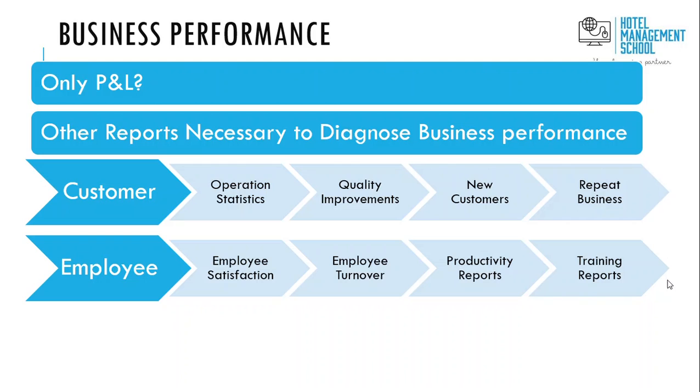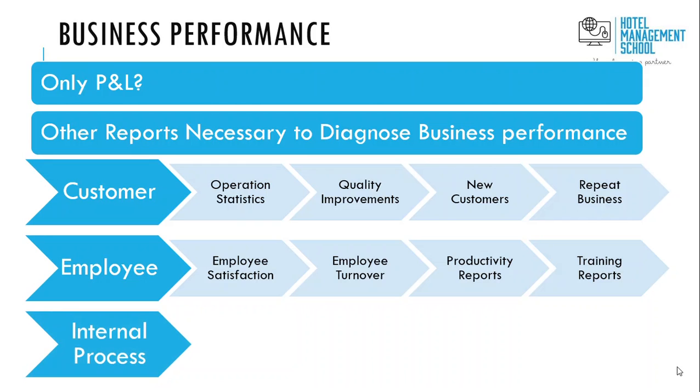How many hours of training is the person getting? What is their level of operation? Productivity reports will show the effectiveness of the training. Employee turnover will also show the effectiveness of the training, motivation training, English training. Those are all the different employee-related aspects that business owners or top decision makers also have to look at.